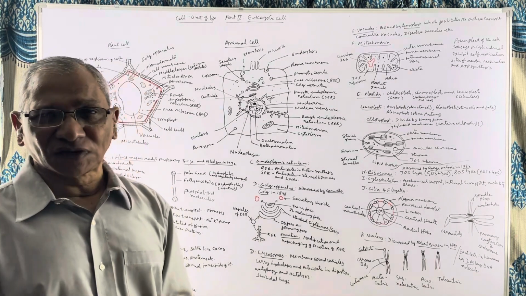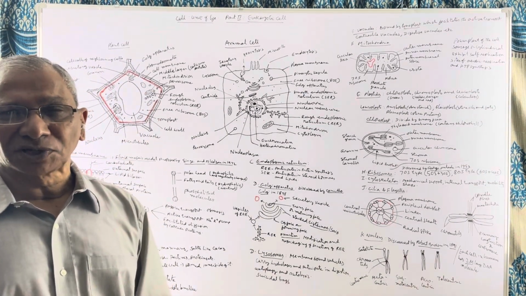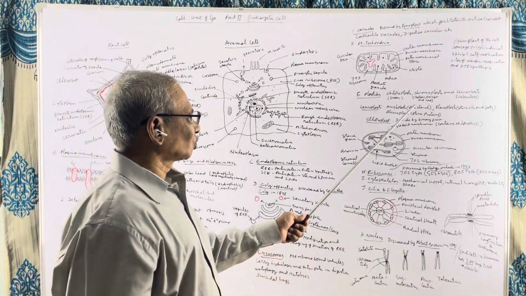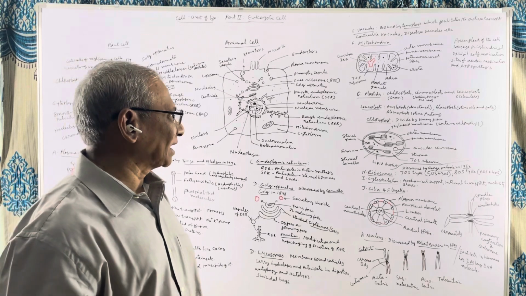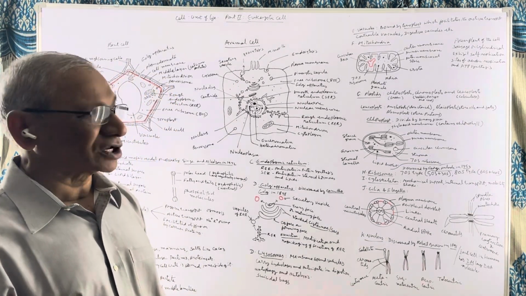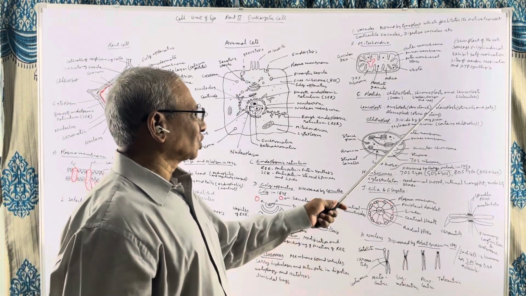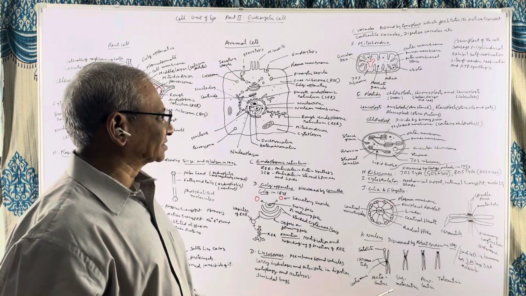Chloroplasts contain chlorophyll and they appear greenish and they mainly participate in photosynthesis. Chromatoplasts have various pigments, so they appear yellowish, orange, or reddish in color. Leucoplasts are colorless plastids.